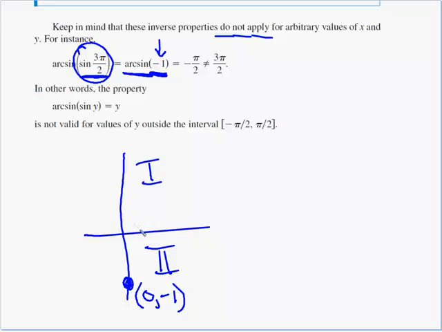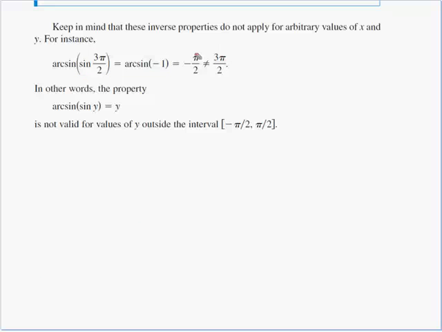Remember, we're only defined in quadrants 1 and 4, so we can't go around the unit circle. We've got to take the clockwise or direct route. And if we go in this direction, that's going to be negative pi over 2. So our answer is going to be negative pi over 2, not 3 pi over 2. Very, very different answers there. 3 pi over 2 is way wrong. Negative pi over 2 is correct.